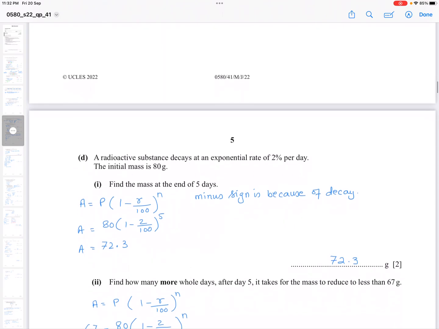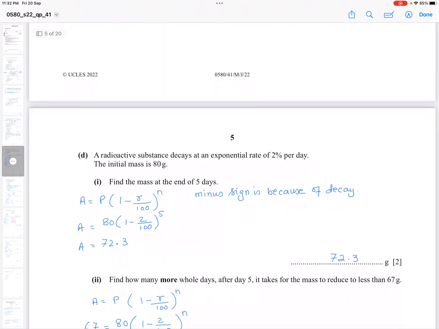In part D, a radioactive substance decays at an exponential rate of 2% per day. The initial mass is 80 grams. Find the mass at the end of 5 days. Whenever you see the word exponential, you can use the compound interest formula, which says A is equal to P times (1 minus R over 100) to the power n. So here P represents 80, and the minus sign is because of the decay.